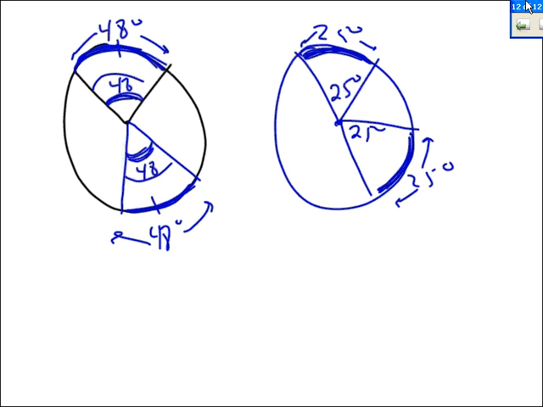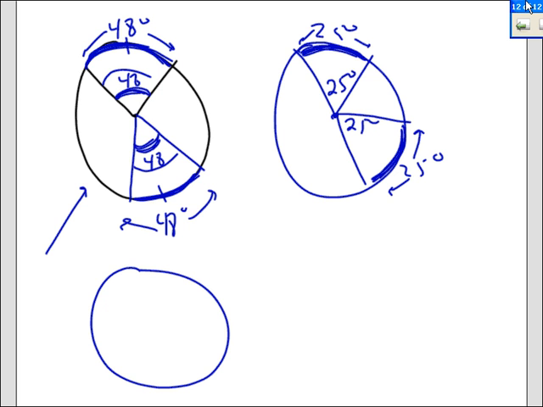Again, whenever I say two arcs of one circle or two central angles of one circle, I can also say congruent circles. Okay, like over here, if this circle is congruent to one above, and this arc is 48 degrees, then this angle and that angle are the same.